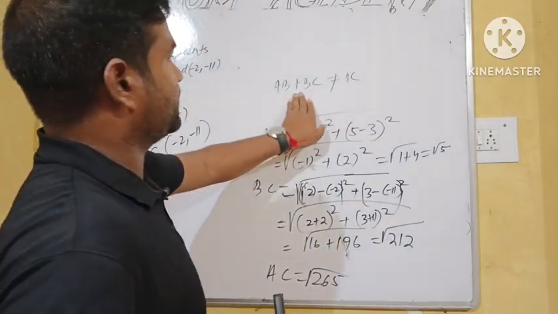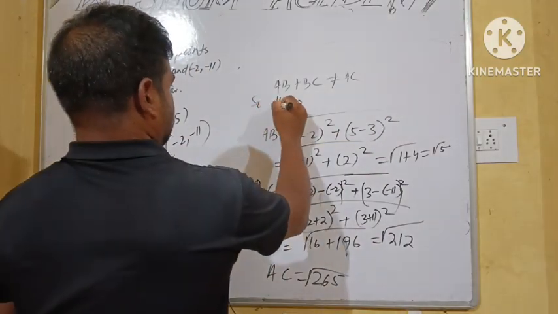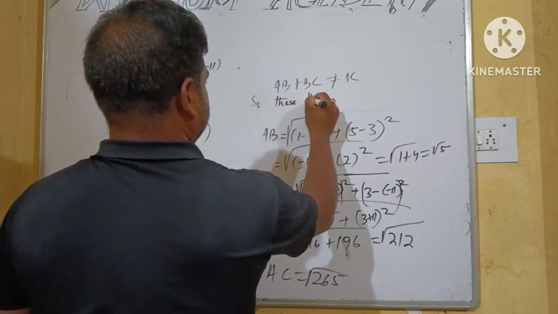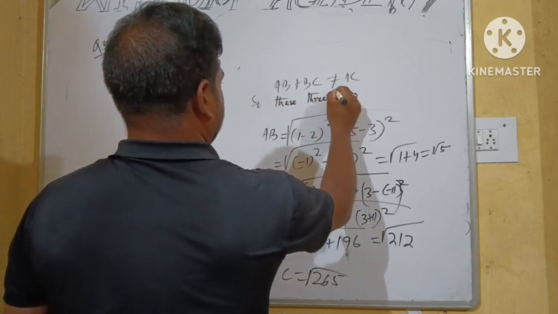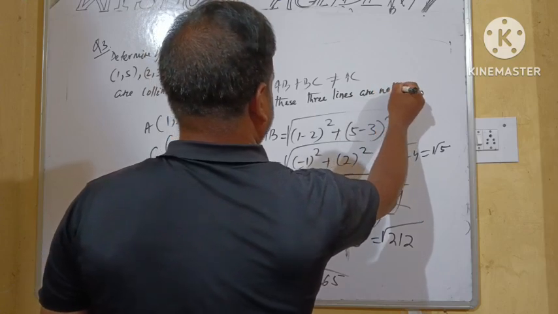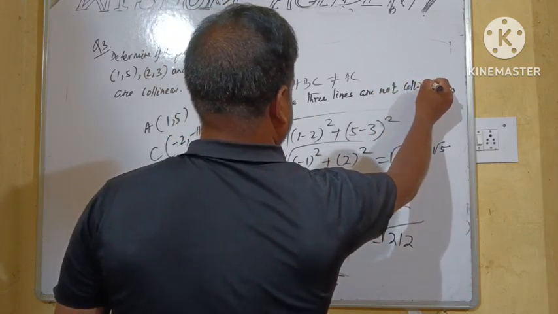So AB plus BC is not equal to AC. So these three points are not collinear.